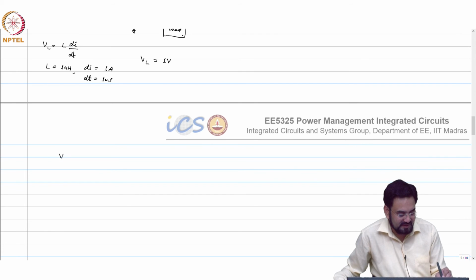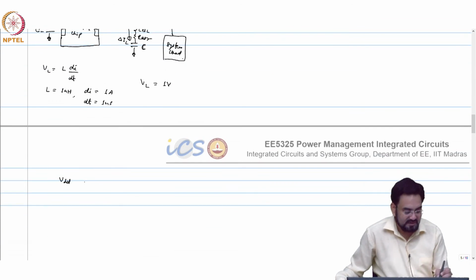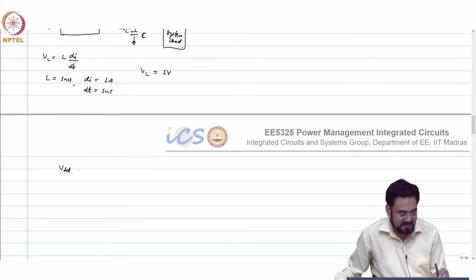let's say I am looking at a VDD, because that is more critical in terms of ripple, and this is the capacitor you are putting, C in.